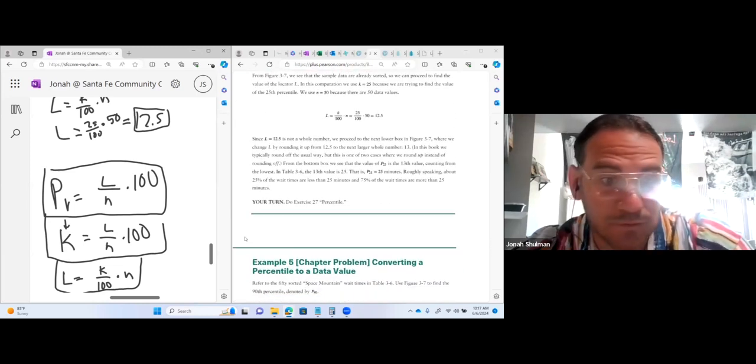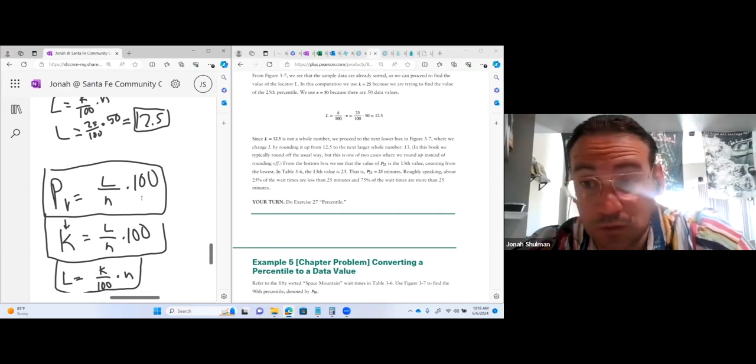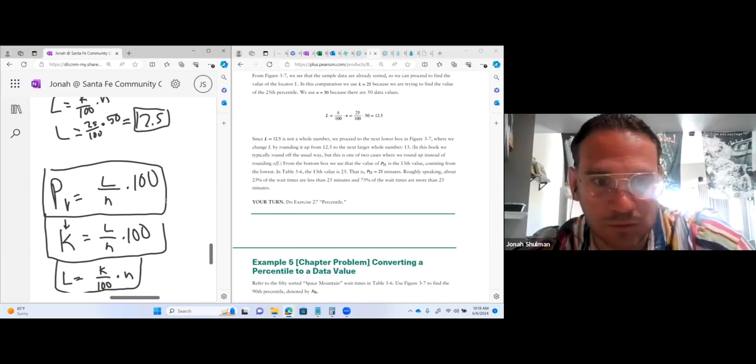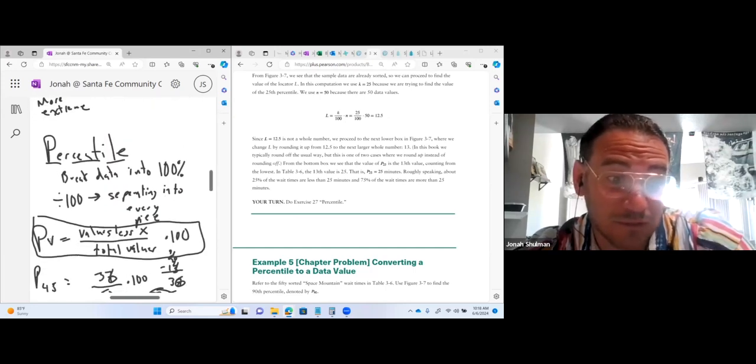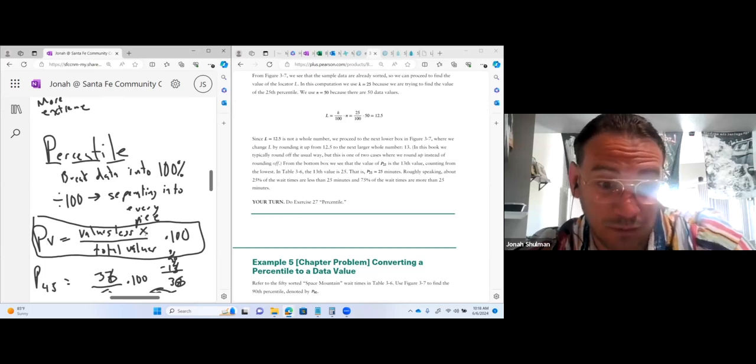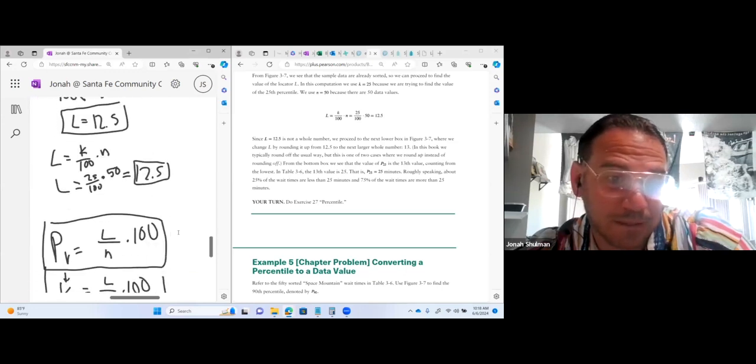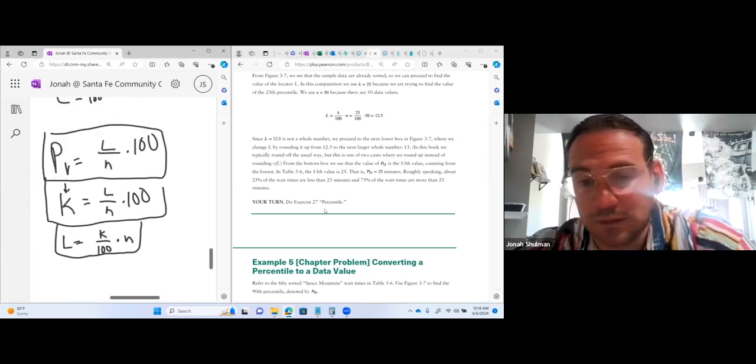Try not to get too confused. I'd use the top one. That's how I would do it every time. Because why remember two separate formulas when the top one just makes sense to you? Or instead of all that, instead of using the different letters, I would just do this because it says what it means. Percentile value equals the values less than X over the total values times 100. That's what I would do every time. But here are some short ways to think about it.